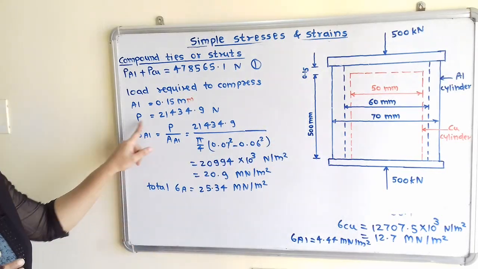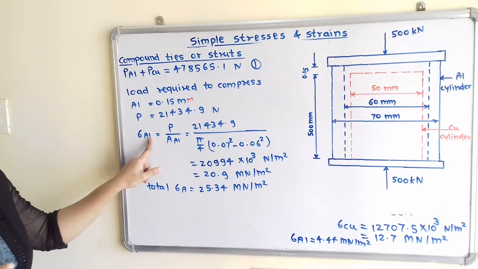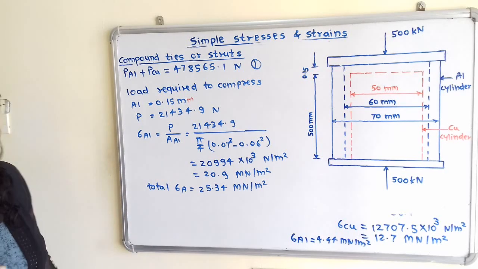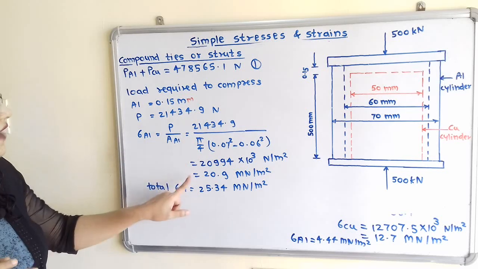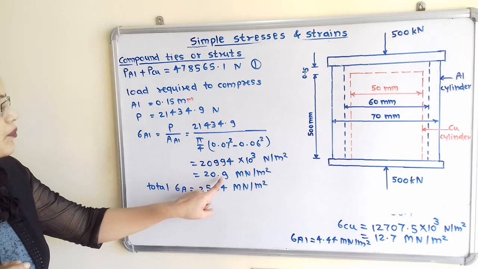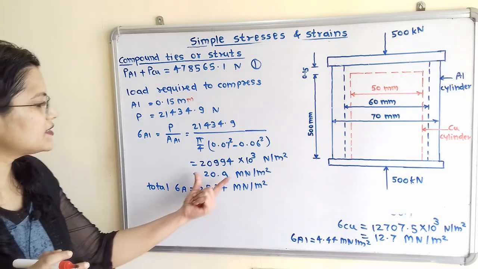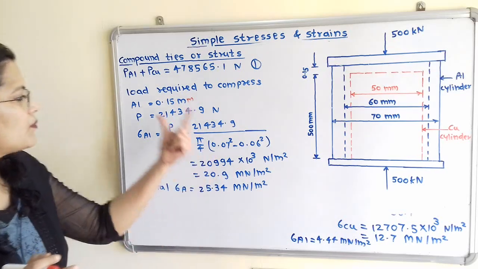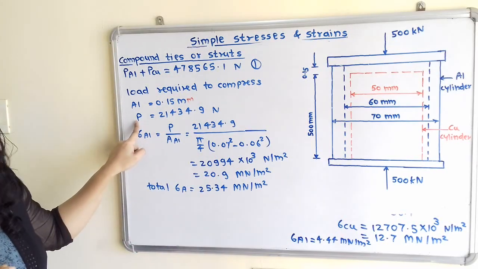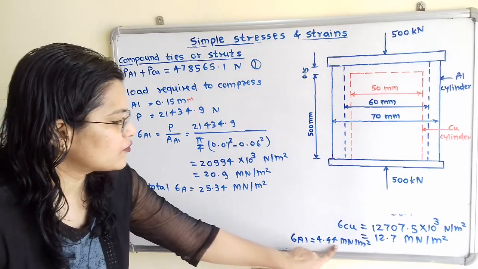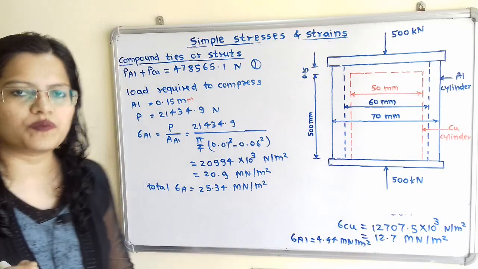How do we calculate this? We have the formula: sigma for aluminium is equal to P divided by the area of the aluminium cylinder. When we put in the values, we get the answer 20.9 mega newton per meter square. This is the stress developed due to this load, and earlier we calculated sigma aluminium as 4.44 mega newton per meter square.